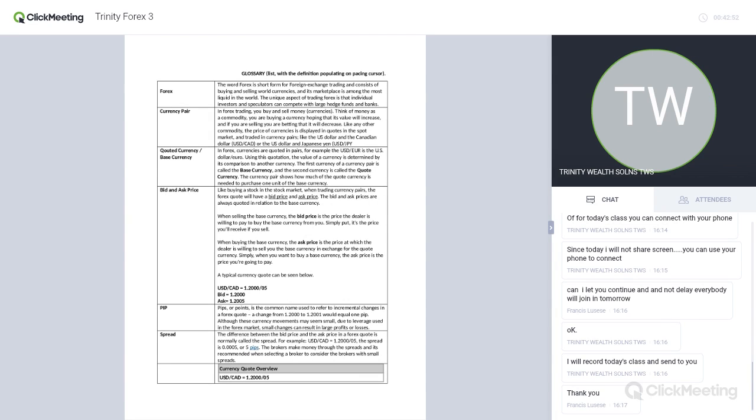So if the pair you've purchased, let's say the pip is equivalent to $10, and after you entered your trade, it moved maybe 10 pips in profit, then your real profit in cash will be 10 times 10, because it's 10 pips times $10 per pip. That gives you $100. That's how we calculate the pips.